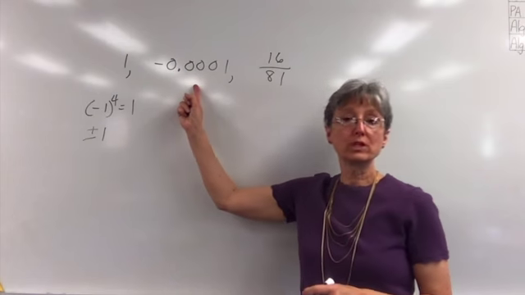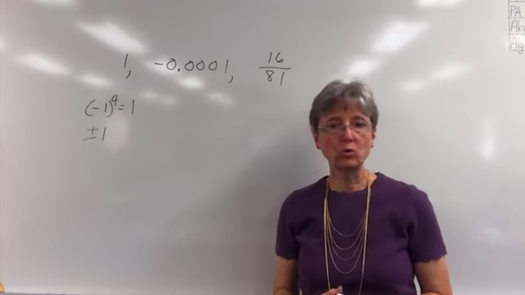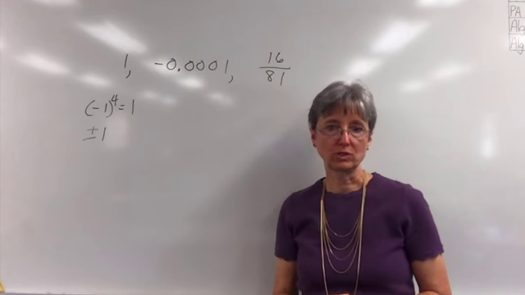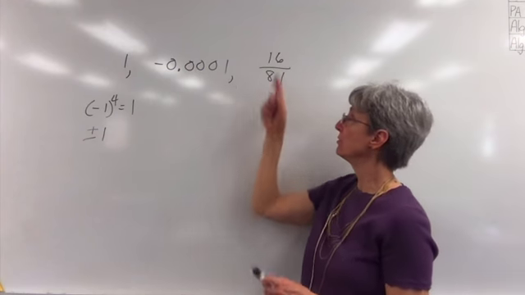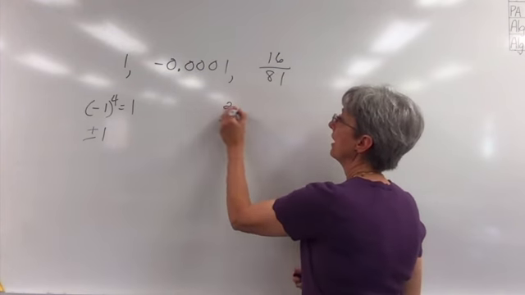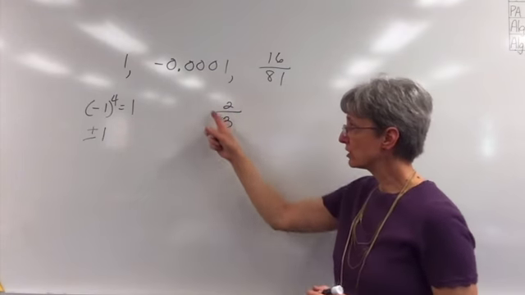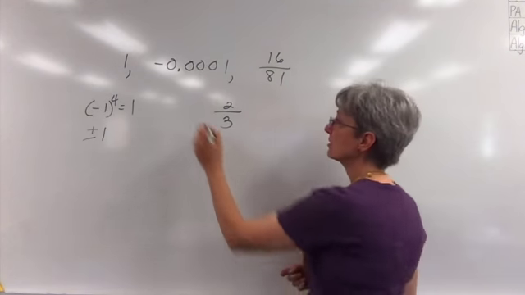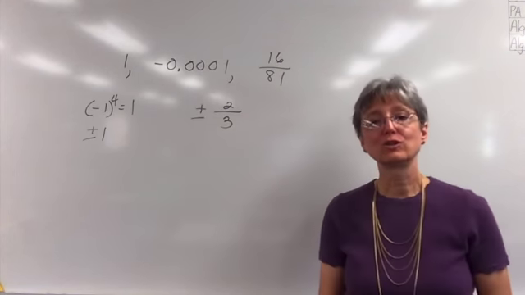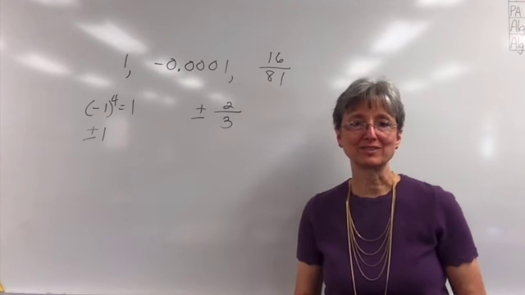The fourth root of this is a negative number, so it has no real fourth root. This is 16 over 81. The fourth root of 16 is 2, and the fourth root of 81 is 3. So this is 2/3, but it also could be negative 2/3. So this could be positive or negative 2/3 because it's a fourth root, it has 2 answers.